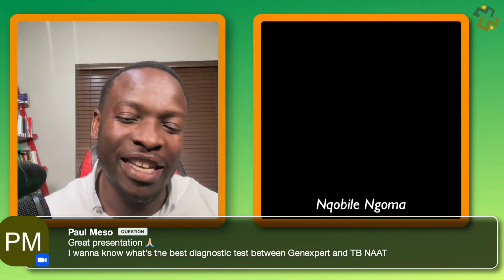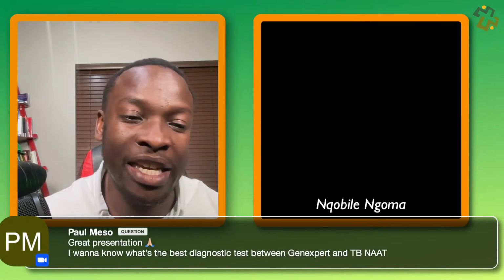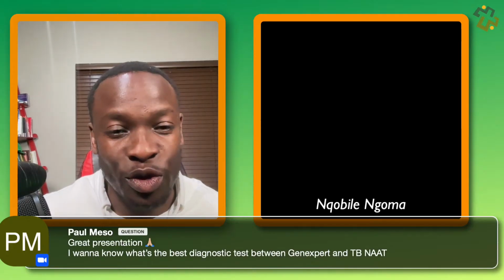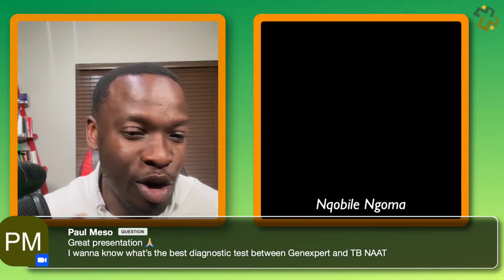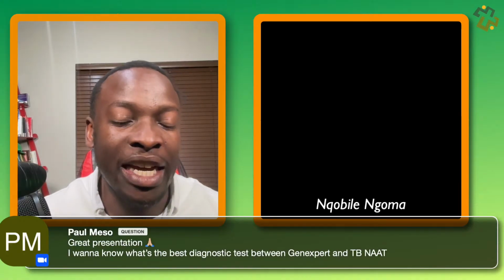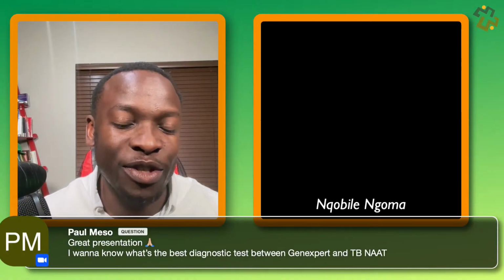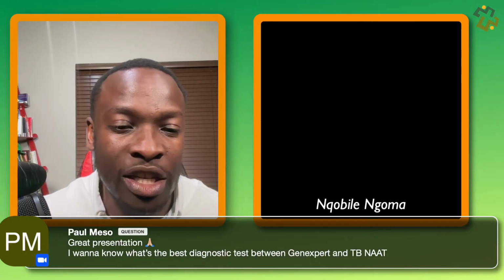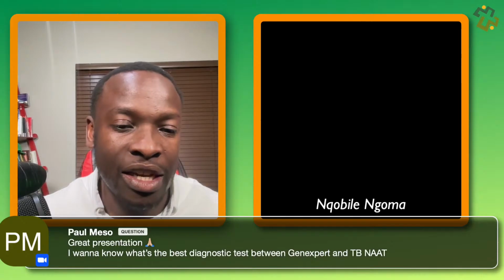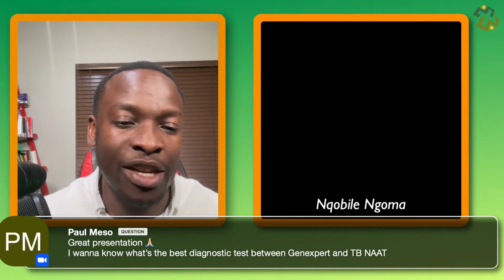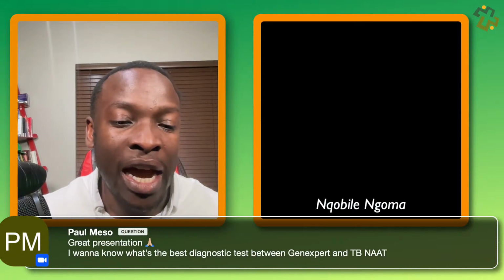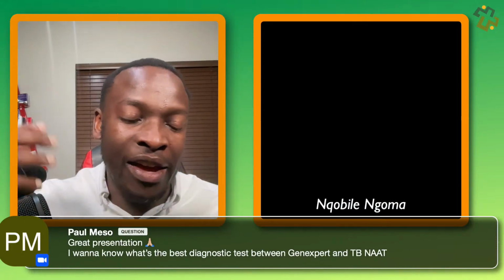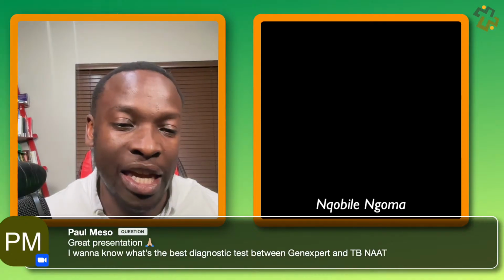So GeneXpert, the term itself, is what we have traditionally used to refer to all DNA or PCR-based diagnostic tests. But after WHO introduced, especially two additional tests, your BD Max and also the machine from, I think, Roche, we then had to have a proper name for these diagnostic tests.